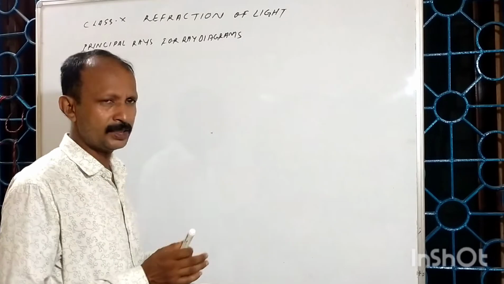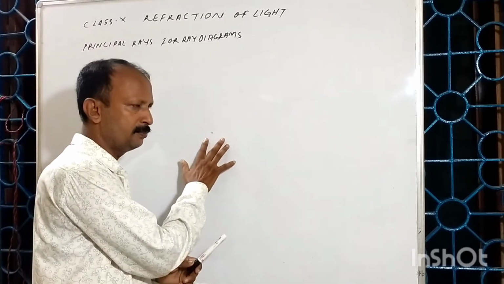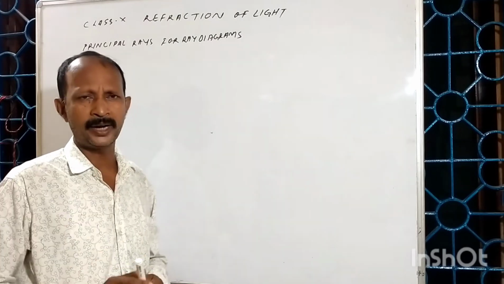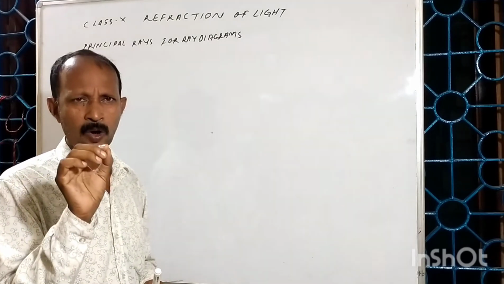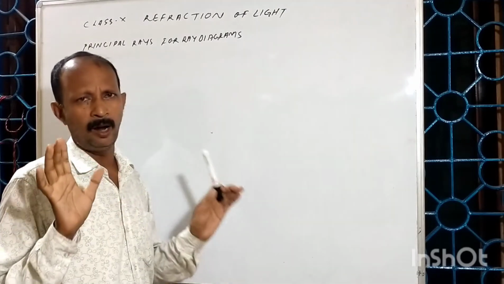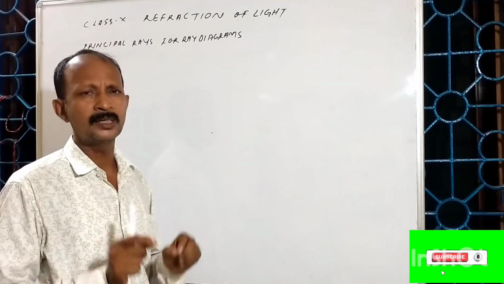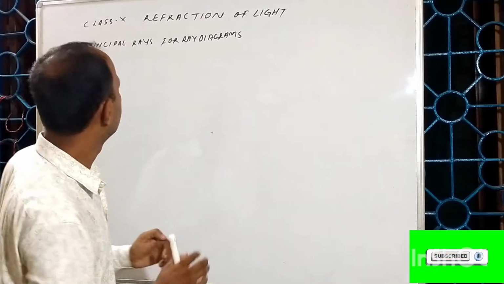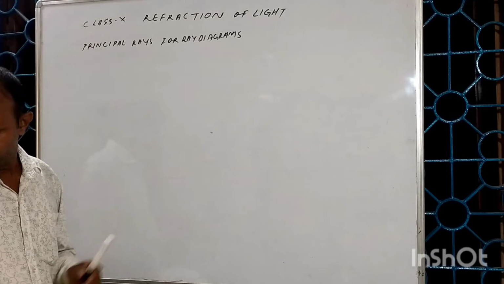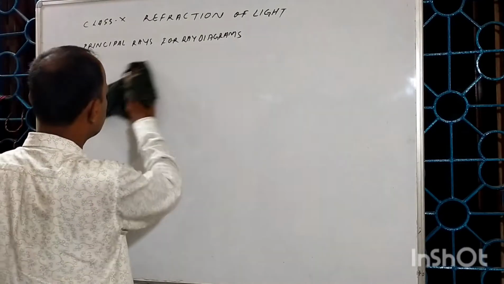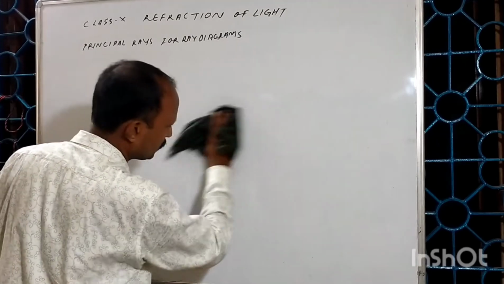The number of rays come from this point object in all possible directions, but to get the ray diagram at least I have to draw two incident rays from this point object. So for that purpose, I should know the different types of rays for ray diagram, especially some principal rays, some important rays. Let us see.